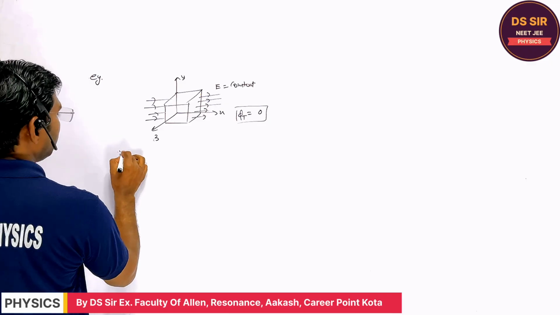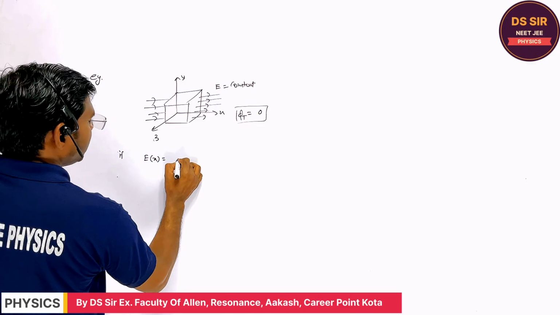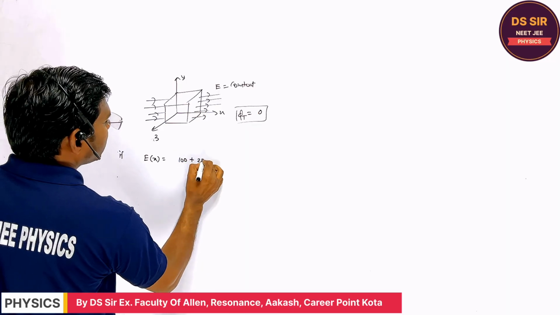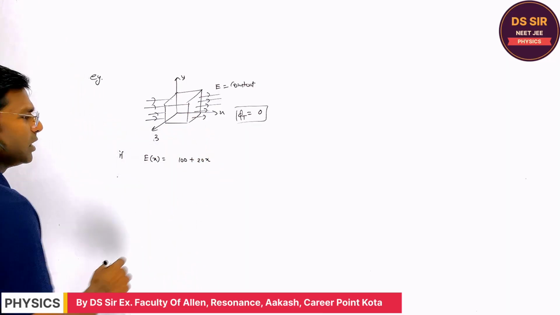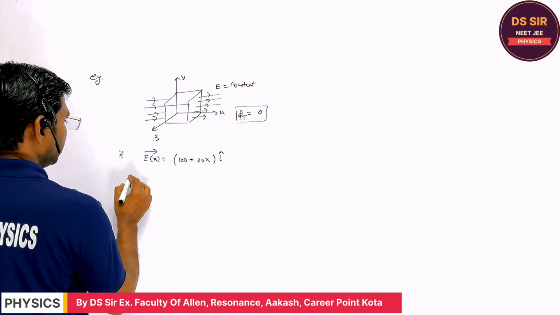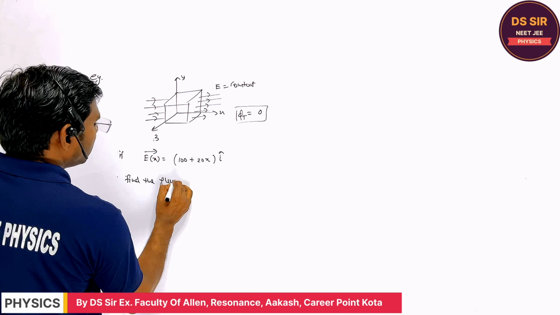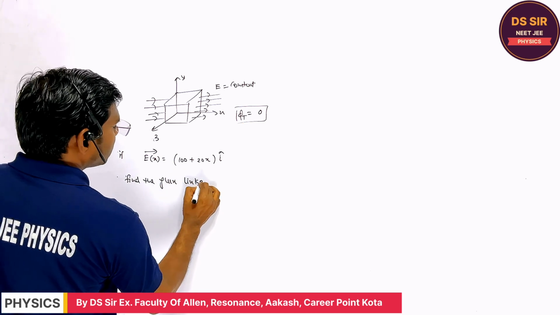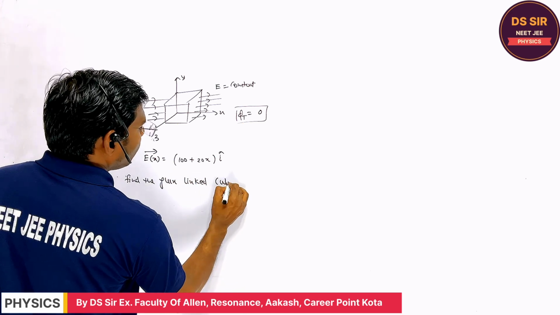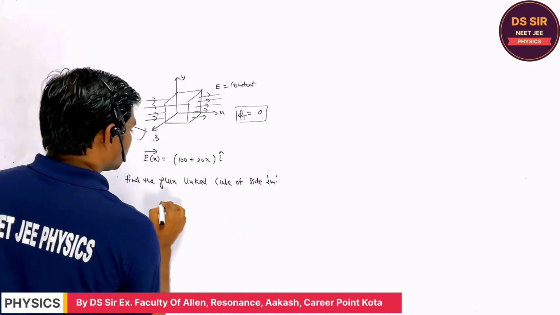But now if the electric field is given as a function of x, E equal to 100 plus 20x in the i cap direction, then find the flux linked with the cube of side 2 meter, as shown in the figure below.